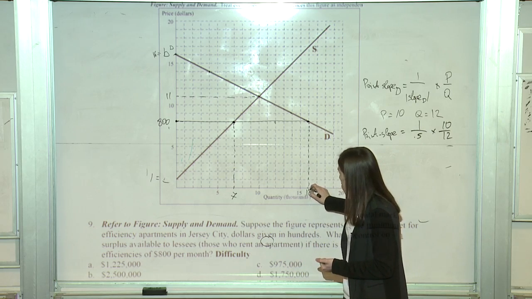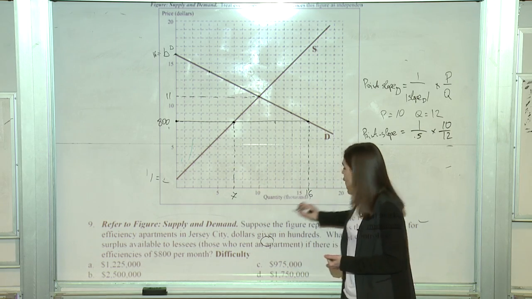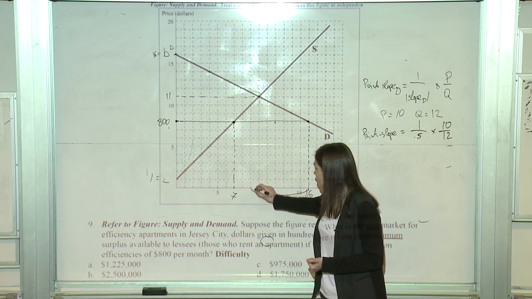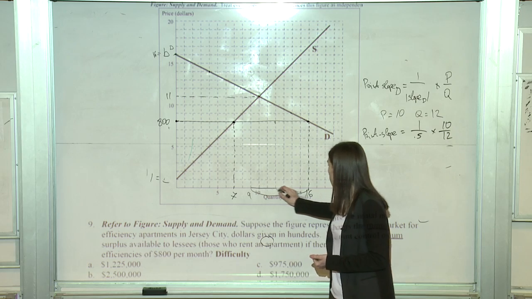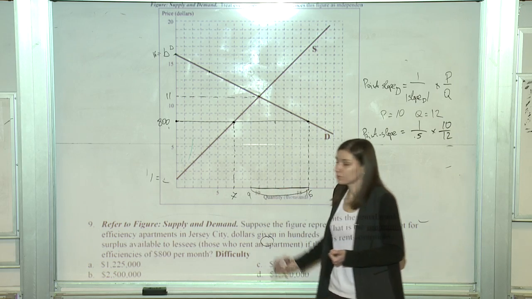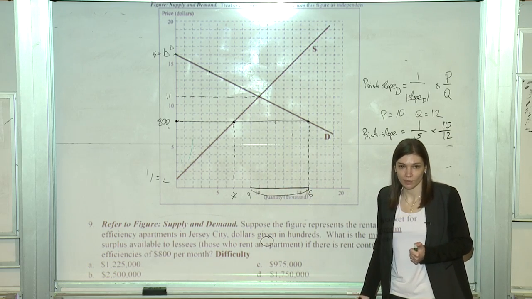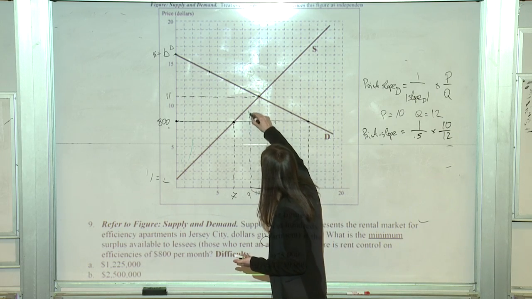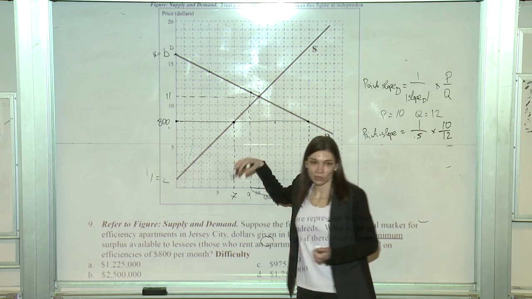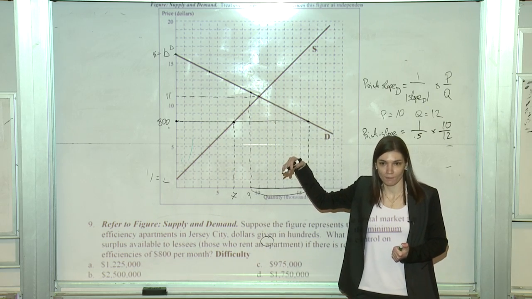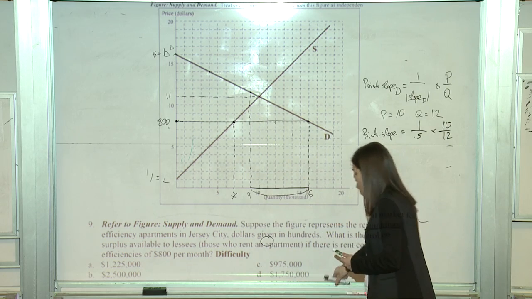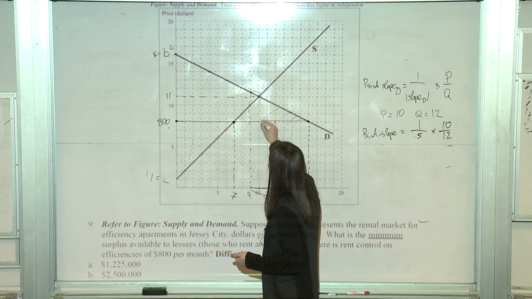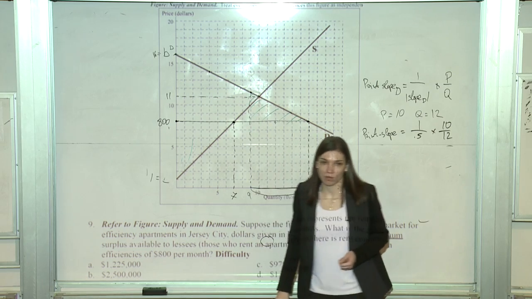So starting from 16 back, only 7,000 apartments would be rented, so from 16 to 9 here. Those guys are going to end up renting the apartments. And what is their surplus? Well, the surplus is, as usual, the area below the demand curve but above the price. So the minimum surplus available to lessees in this market would be the area of this triangle.